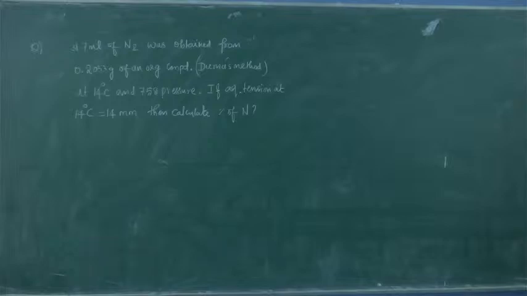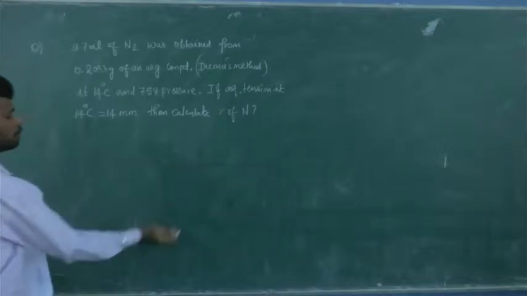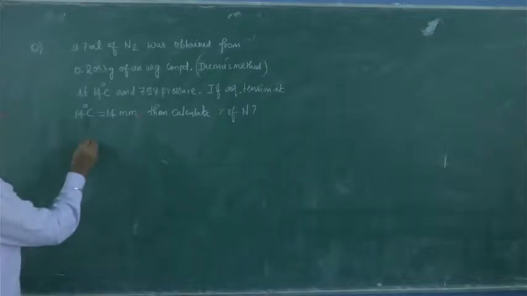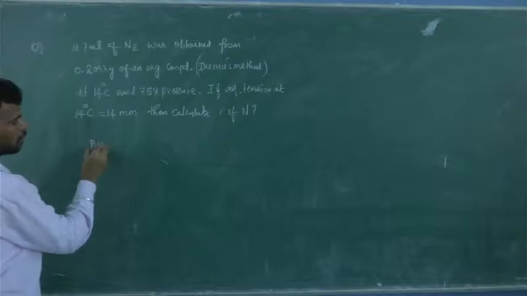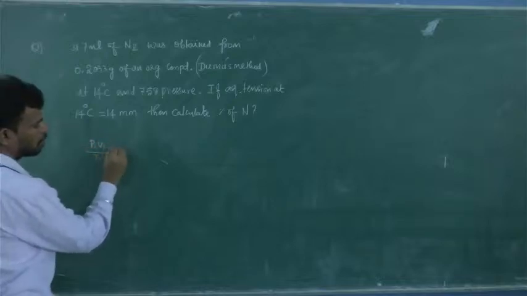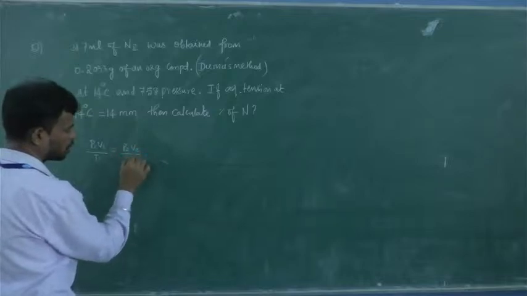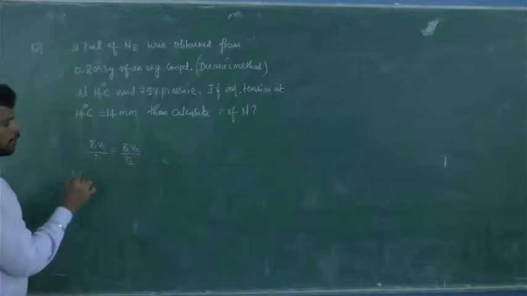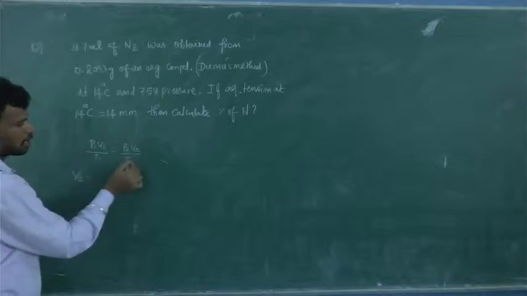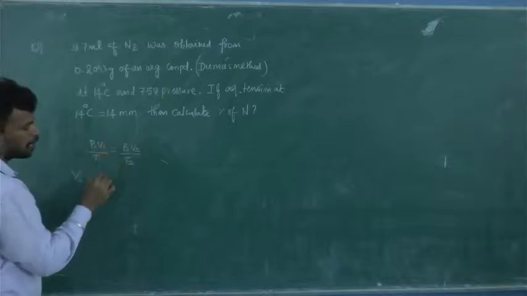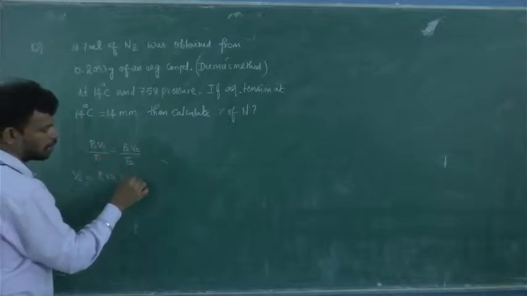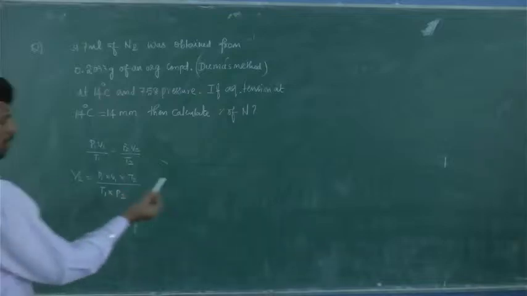You just decode whatever the given data. First you go to the formula. What is the formula? P1V1 divided by T1 is equal to P2V2 divided by T2. You calculate V2 from this. This is going to be P1V1 into T2. So what is P1? What did I say P1 is?